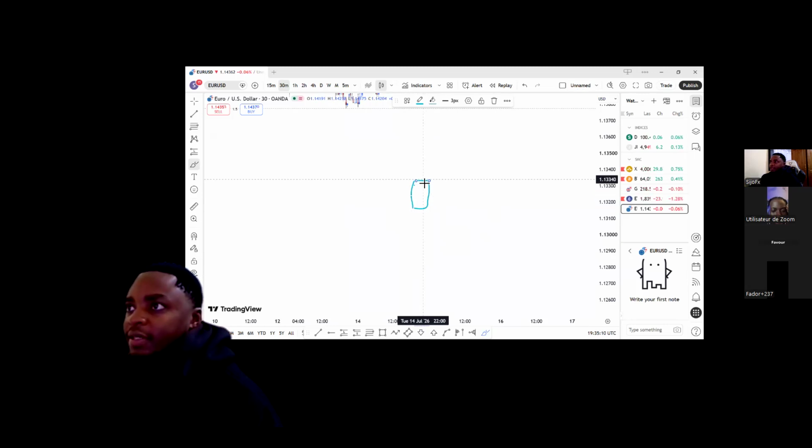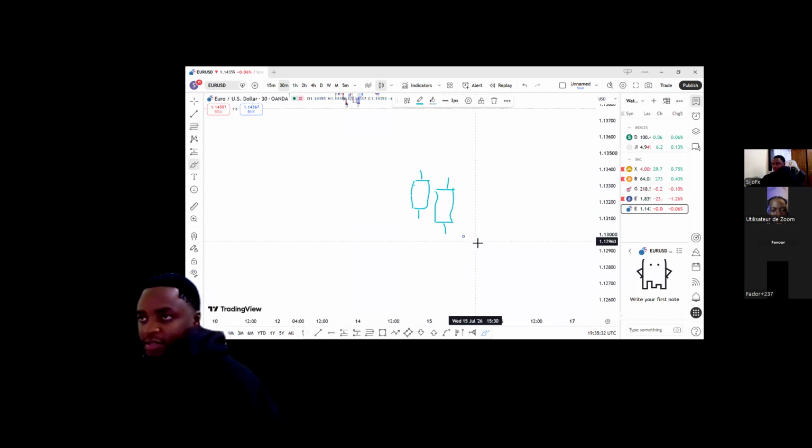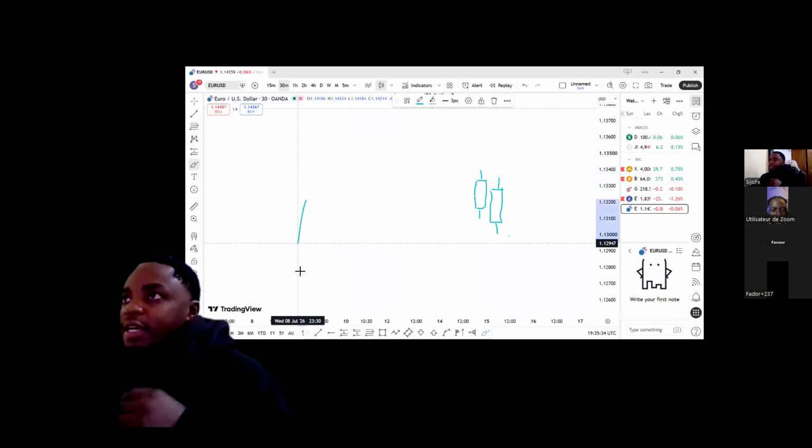You see some small wick on it, and you see another one like this. Don't mind my drawing, I'm using a mouse. See another one like this. These things are candlesticks.